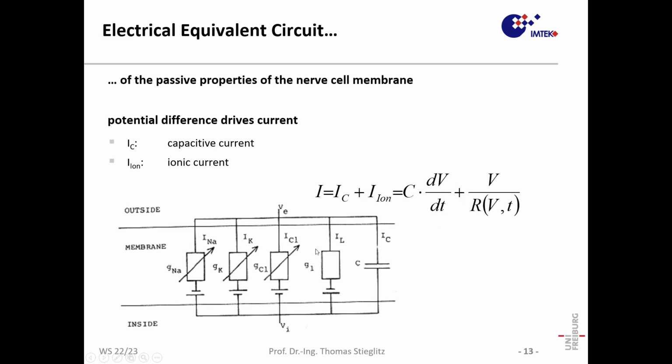And then we have the rest here. It's the voltage divided over the resistance. And as we will see later on, this is a mean thing. The resistance is dependent on the voltage that we have over the membrane, and it depends on the time after which the voltage has changed. So it's a very dependent thing.